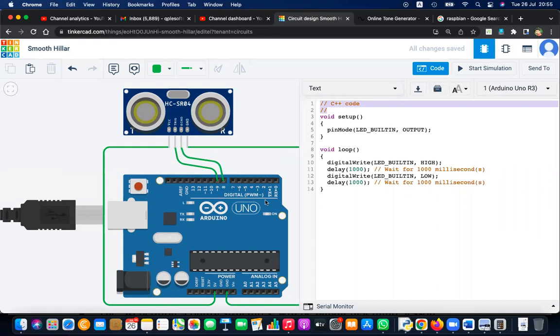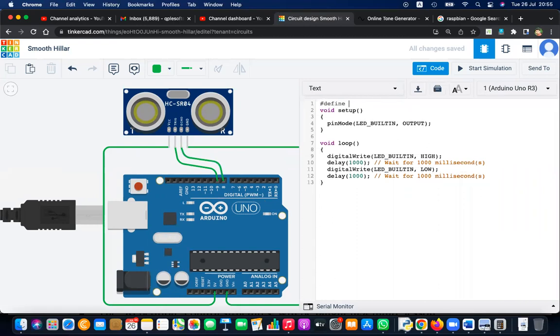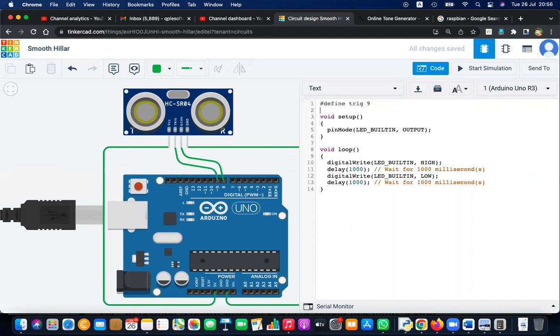So you can say #define trigger pin, connected to 9. Then again define echo pin, that is 8, right? Echo pin is 8. You have to define that.